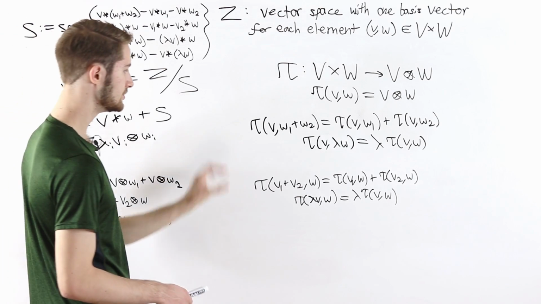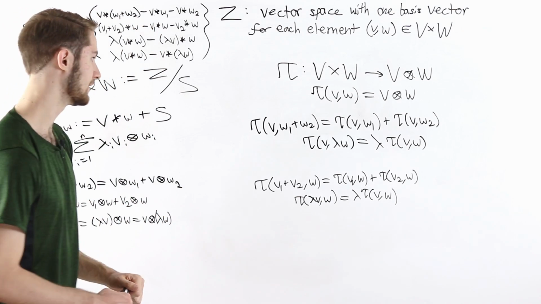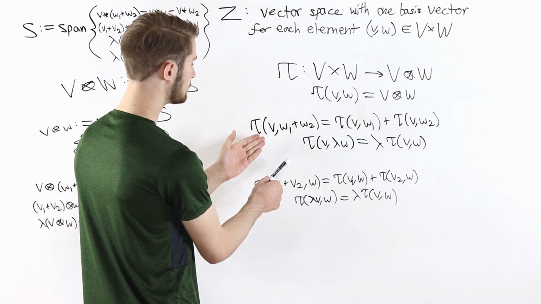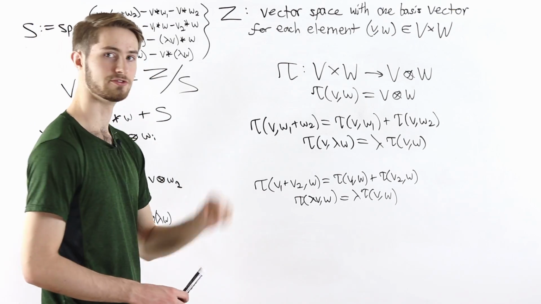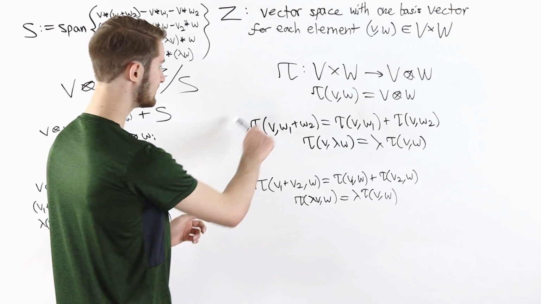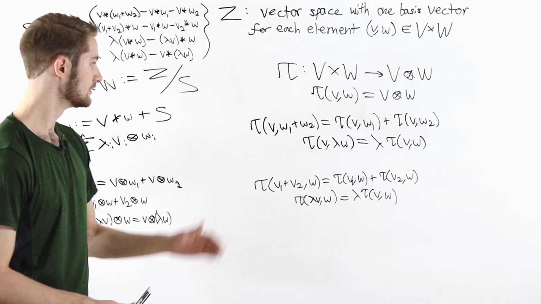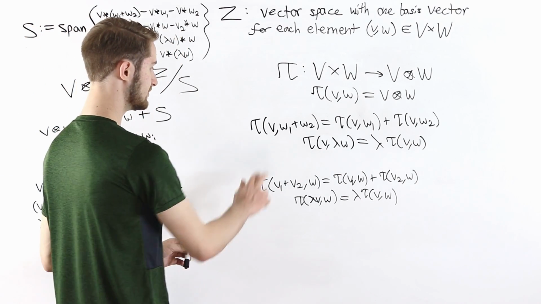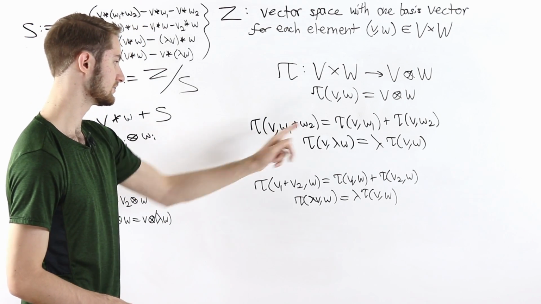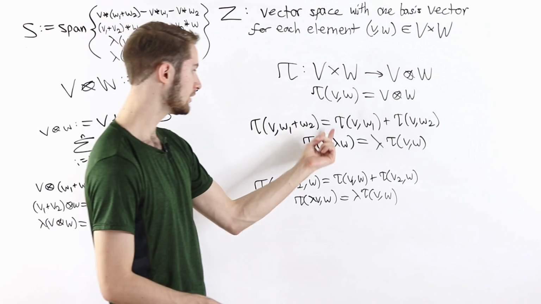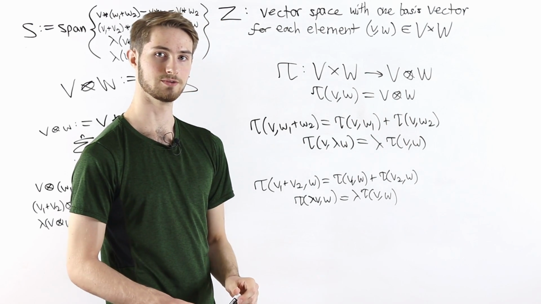Now let's take a look at just these first two equations and see what they tell us about the function tau. Let's consider fixing some vector v in the first argument, and we'll just think about tau as being a function of the second input w. What this first equation tells us is that if we fix v, then tau applied to w1 plus w2 equals tau applied to w1 plus tau applied to w2.